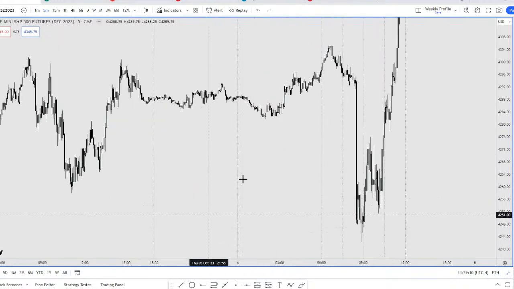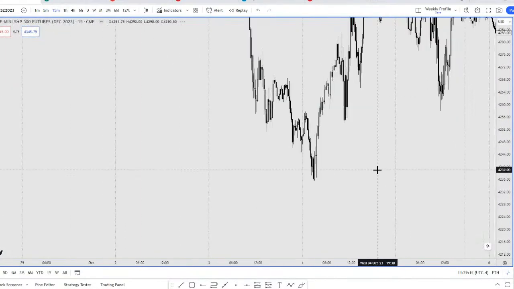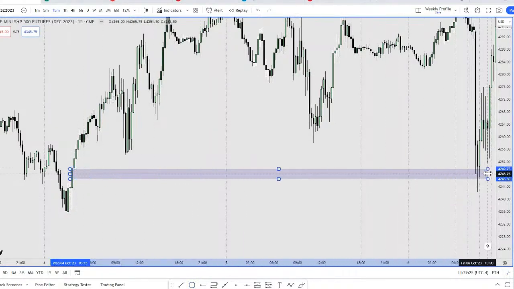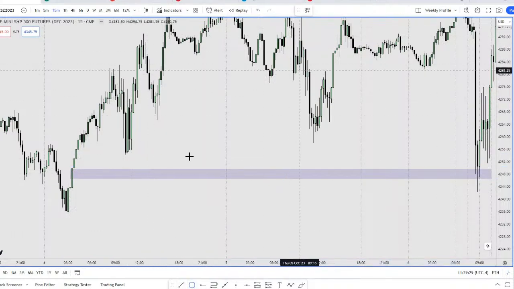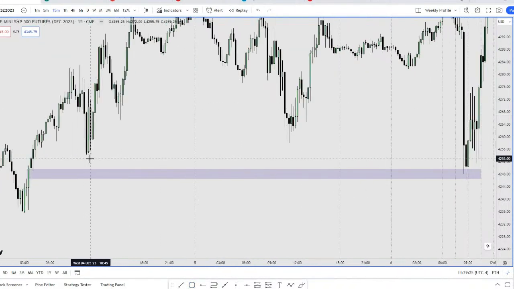I have the 15 minutes marked out, I think. 15 minutes. Yep, so I have this fair value gap here. Okay, and I have, I think, the 1 hour.